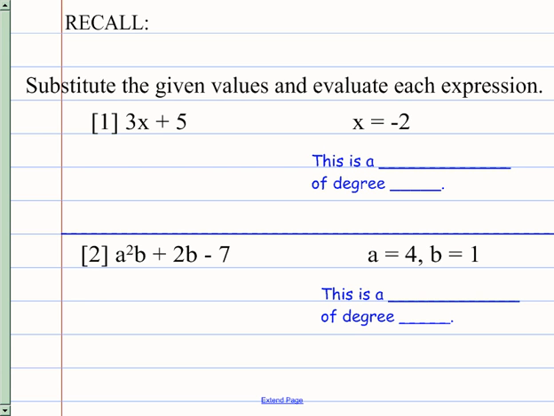Okay, and just to recall and go back a little bit, we talked about variables at the beginning of the year, and we mentioned that variables are used to represent an unknown value, and once we know what the value is, we can substitute it and evaluate it. So in this case, if x equals -2, this is what we know so far about variables. We can substitute and evaluate.